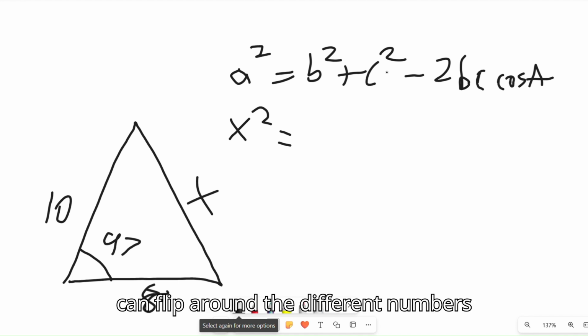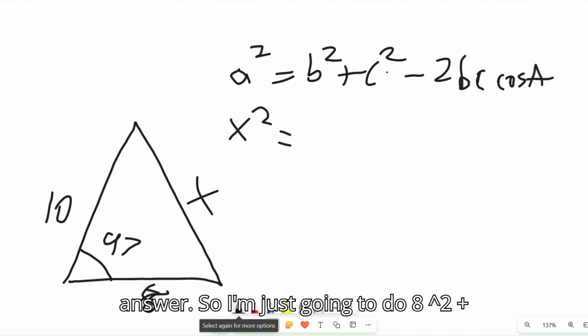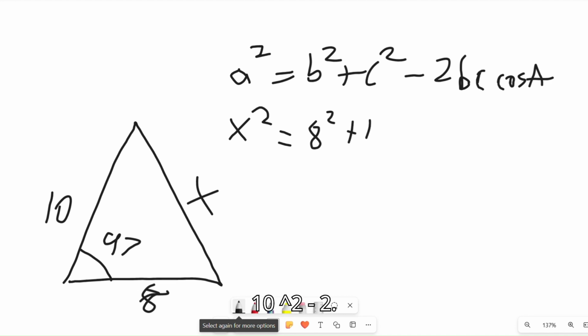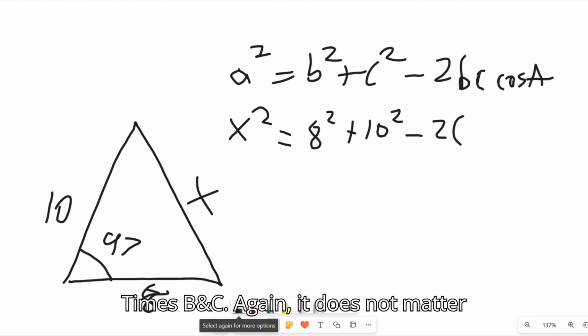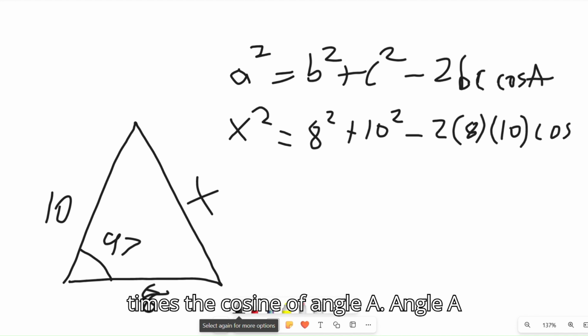You can flip around the different numbers within it, and it will give you the same answer. So I'm just going to do 8 squared plus 10 squared minus 2 times b and c. Again, it does not matter which one goes first. Times the cosine of angle A.